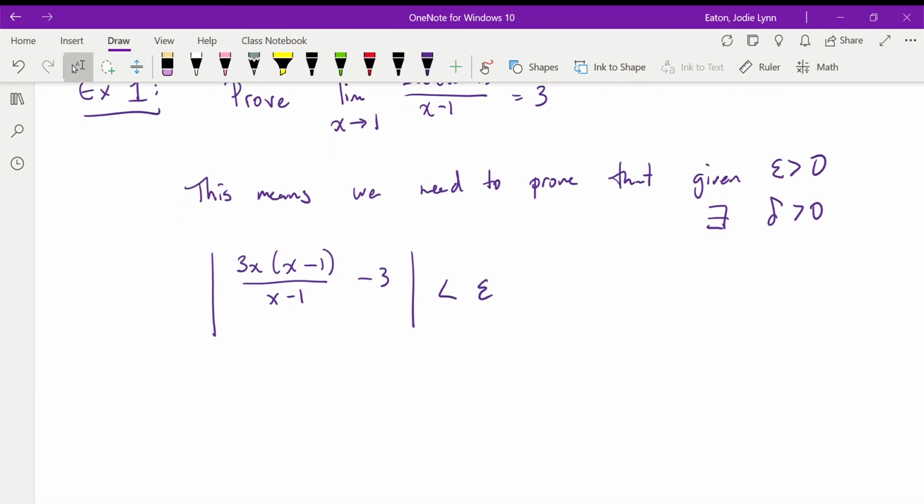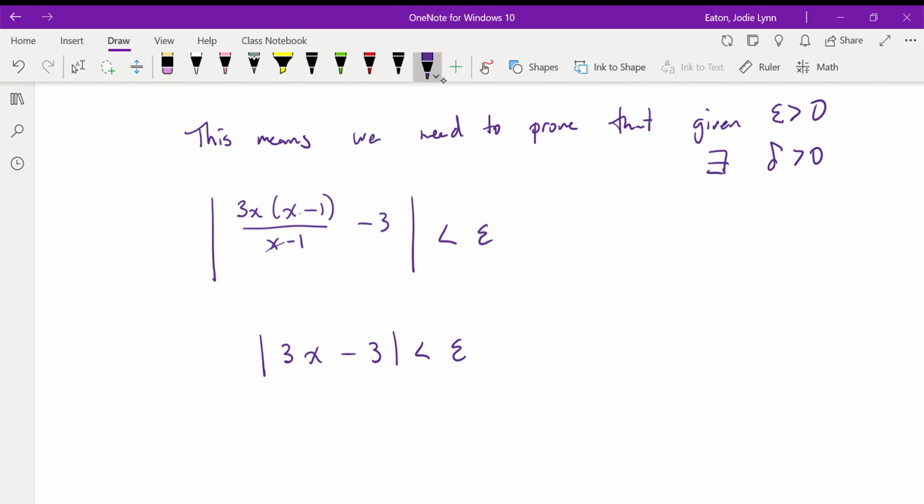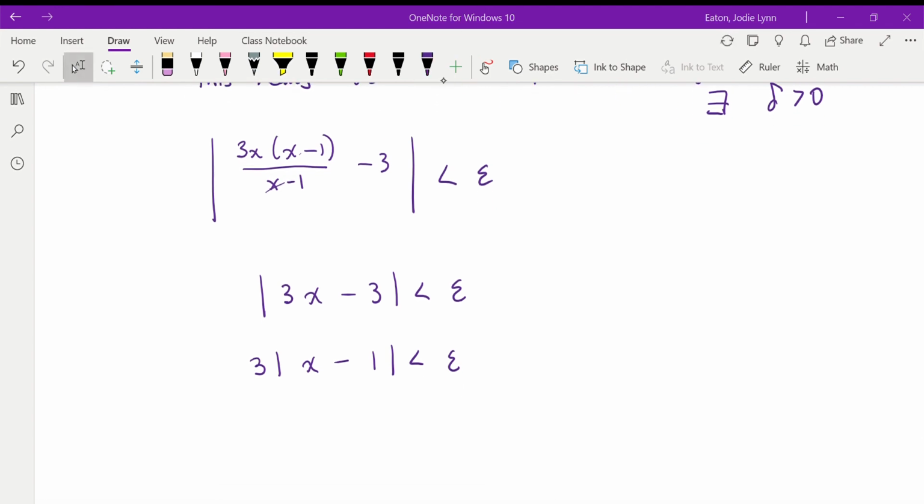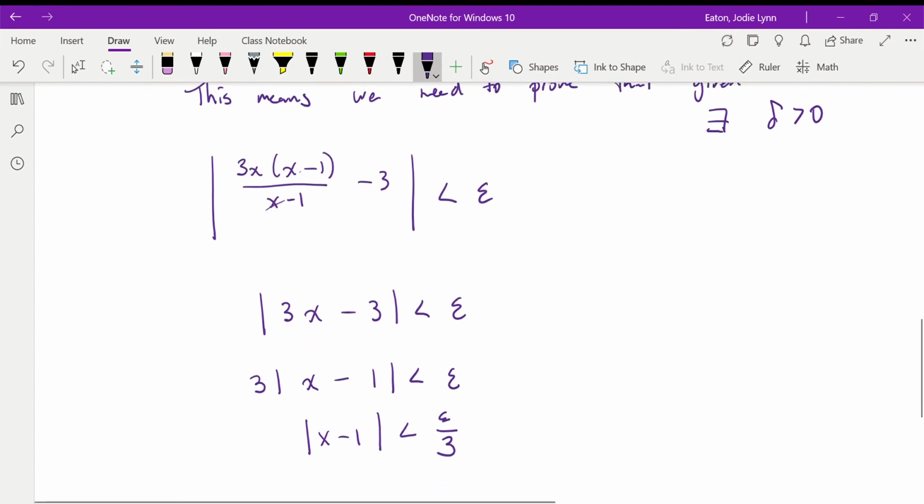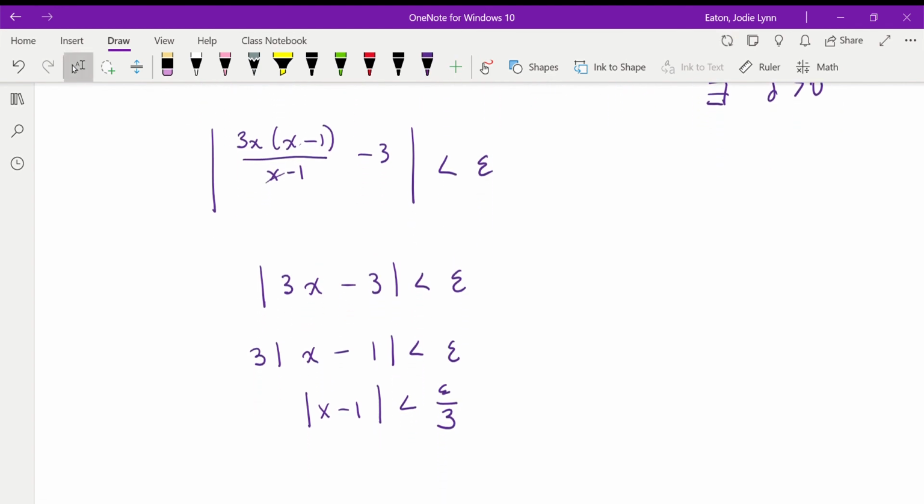Let's simplify here. We can cross these out. So we get the absolute value of 3x minus 3 has to be less than epsilon. You can even factor out a 3: 3 times the absolute value of x minus 1 is less than epsilon. And we get the absolute value of x minus 1 is less than epsilon over 3. Why is this helpful?